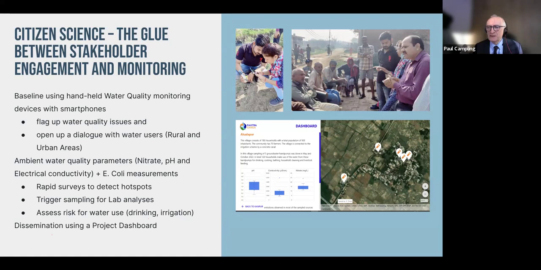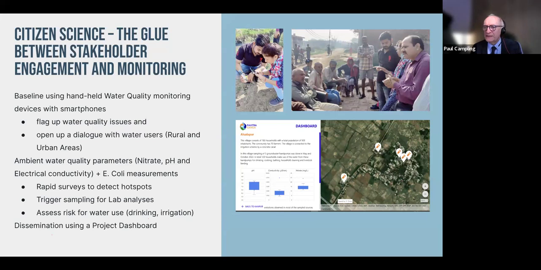So it's rapid surveys to detect hotspots. This is a feature of this approach. We can trigger sampling for lab analyses. We don't pretend that these technologies replace conventional lab analysis, but they are a quick way of flagging up problems in the field. And of course, in that sense, we want to see what the risks are for water use, for drinking, and for irrigation.